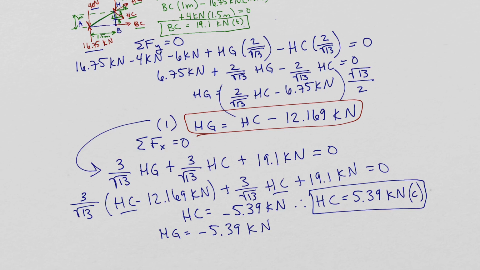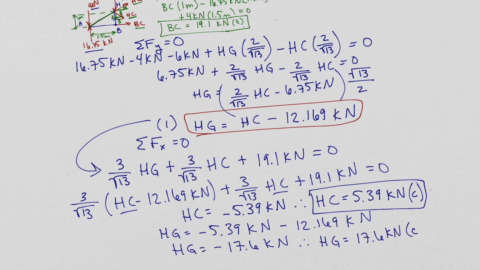The reason I put the negative is because we had assumed the other direction when we wrote the equation, so we need to have that negative sign, minus 12.169 kilonewtons. So we get Hg equals negative 17.6 kilonewtons. So we also guessed the wrong direction for Hg. That means Hg is not in tension, but it's actually in compression. So Hg equals 17.6 kilonewtons, and that's in compression.